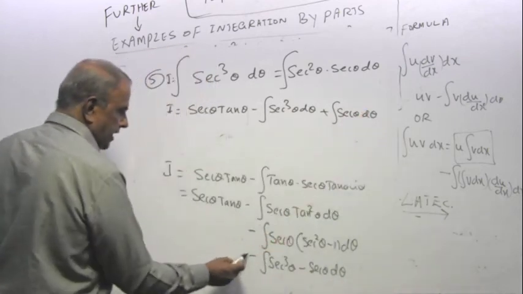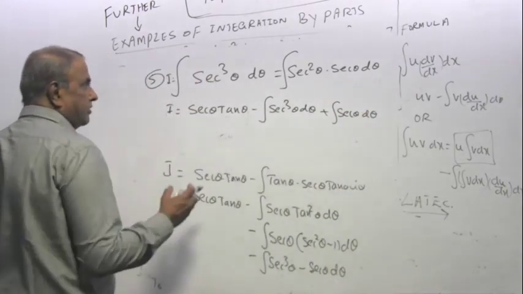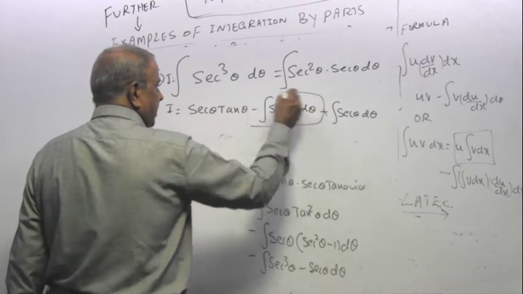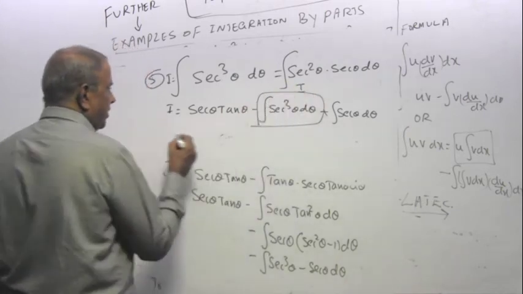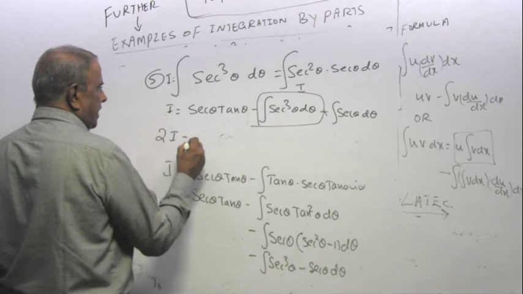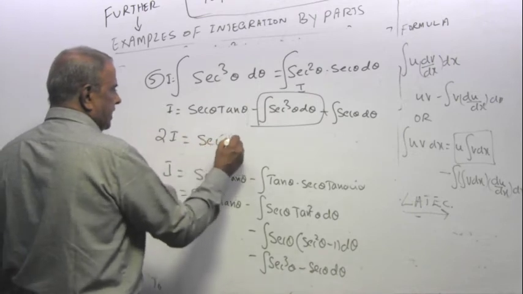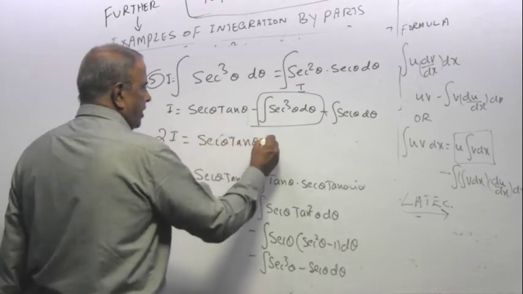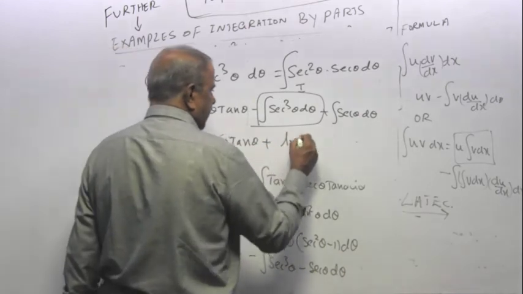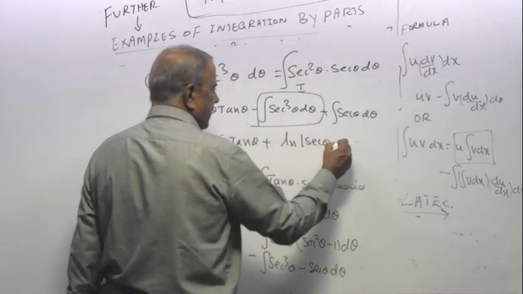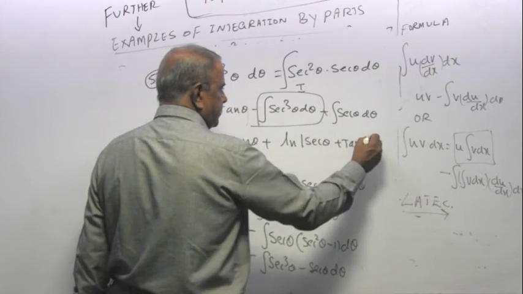We got a minus here and a minus there makes it plus. This is also I. So 2I equals sec theta tan theta plus, when you integrate sec theta, ln mod sec theta plus tan theta.